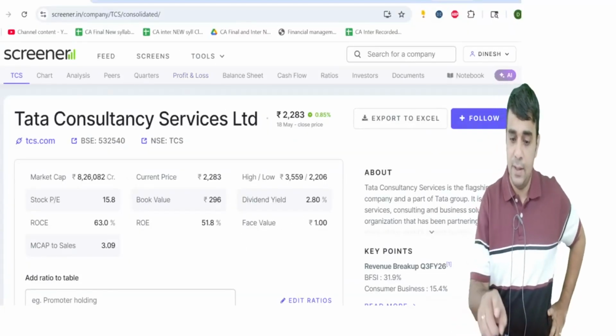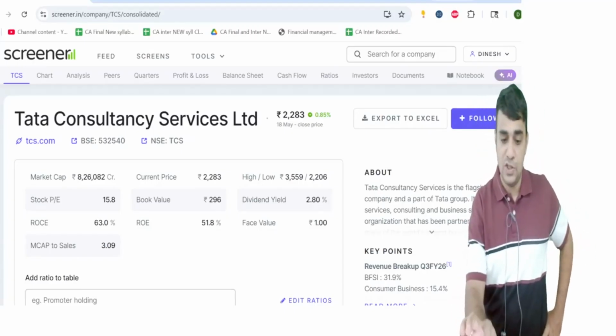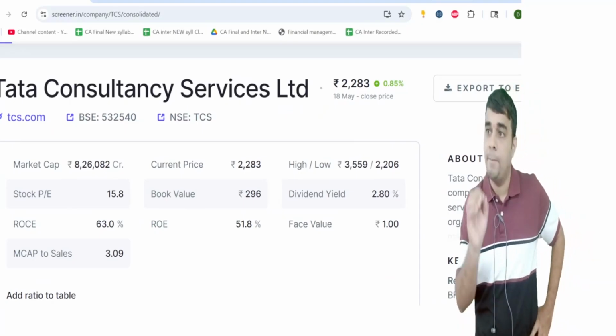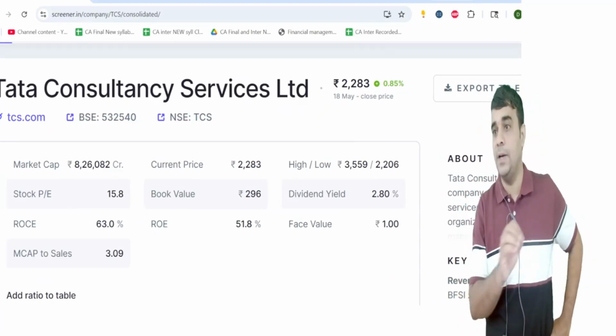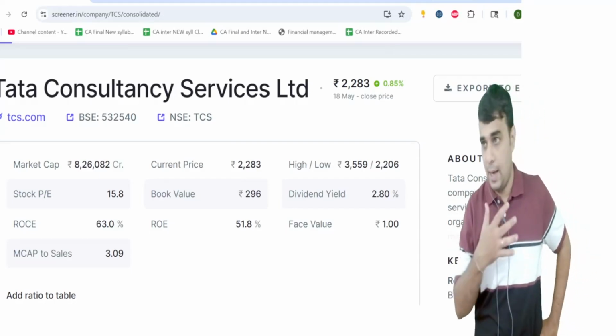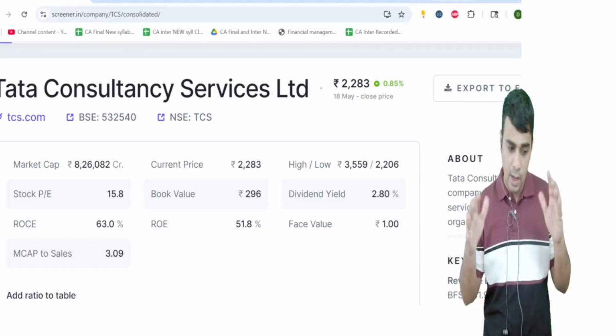Another point is, the Tata Consultancy Services market value is 2283. There is a book value. What is book value? It is share capital plus reserves and surplus divided by the number of equity shares. Share capital, I am the owner. Reserves and surplus, I am the owner.